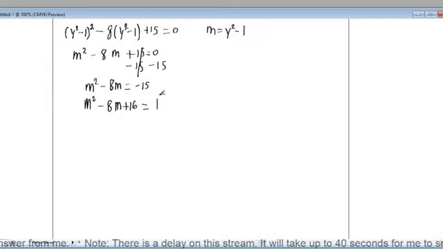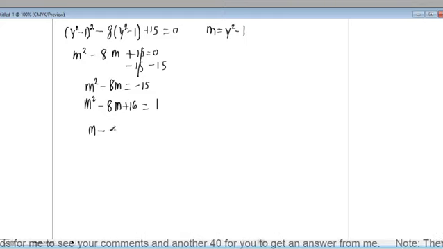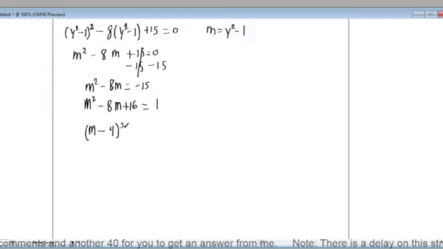Okay, now we need to factor this side, and, well, it's a perfect square trinomial because we took half of this, squared it, and added that to both sides. So we can just go ahead and factor this the way we know it goes. M is going to drop down. This sign, negative, is going to drop down. And then 8, half of that is going to drop down. So we're going to drop down a 4. And this thing is squared.